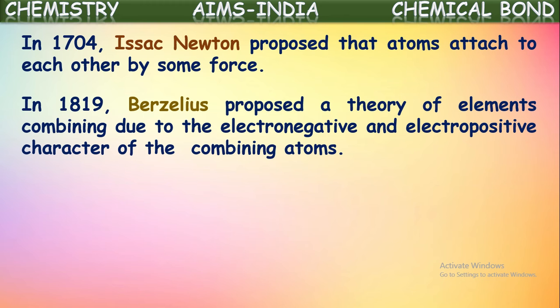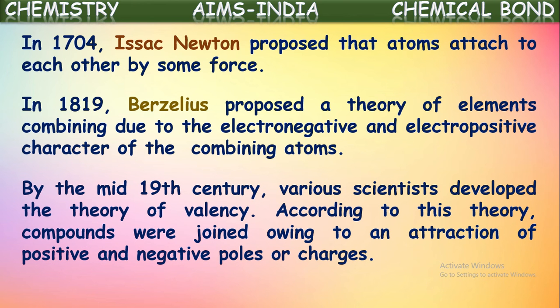In the 18th century, Isaac Newton proposed that atoms attach to each other by some force. In 1819 again, Berzelius proposed a theory that elements combine due to certain electronegative and electropositive forces or character of the elements.